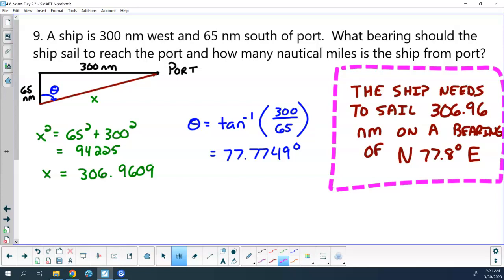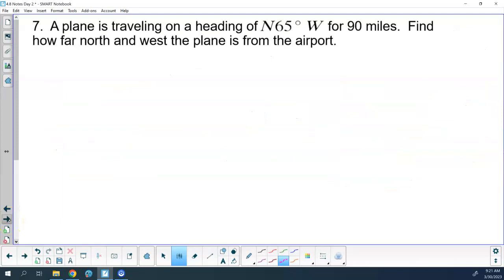Okay. Questions? This one, yeah, we jumped around a little bit. A plane is traveling on a heading of north 65 degrees west for 90 miles. Find how far north and how far west the plane is from the airport.